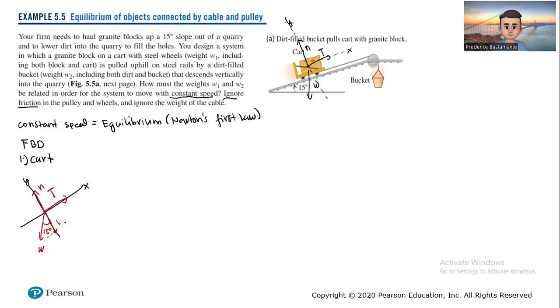This is the weight times cosine of 15 degrees, because this is the adjacent side, and we also have the weight times sine 15 degrees. Okay.